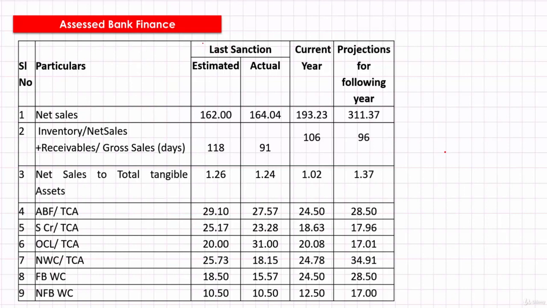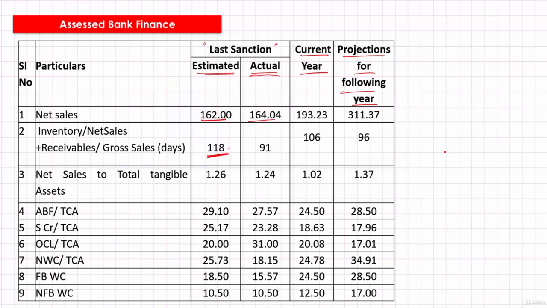Here we have last sanction details, then current year details and projections for the following year. Last sanction details. Look at the estimated sales. It was 162 crore. Actual is 164 crore. So well and good. Look at the cycle.